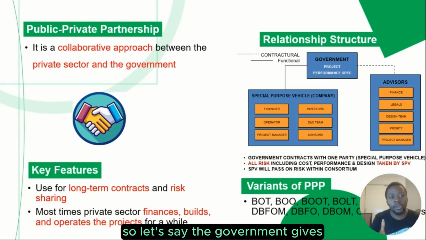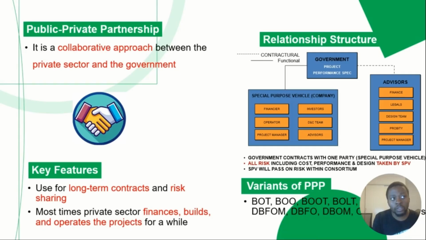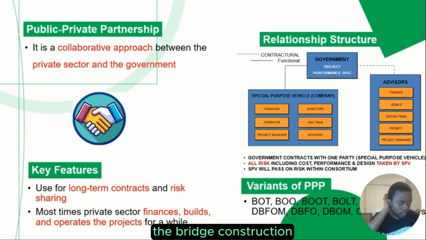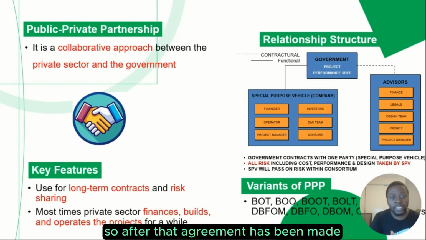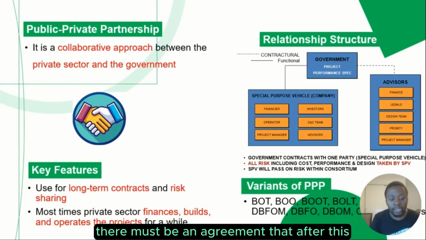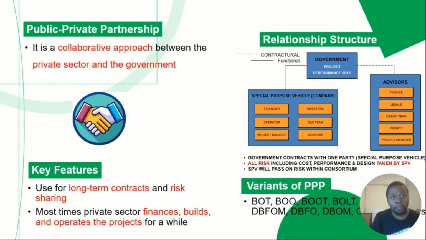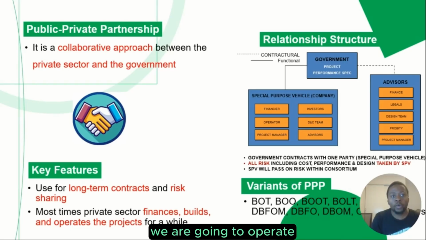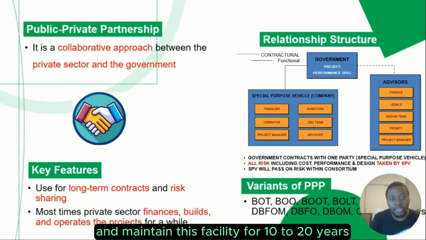The government gives the private sector the job to design, build, and finance the bridge construction. After that agreement has been made, there must be an agreement that after we finish this bridge construction, we are going to operate and maintain these facilities for 10 to 20 years.